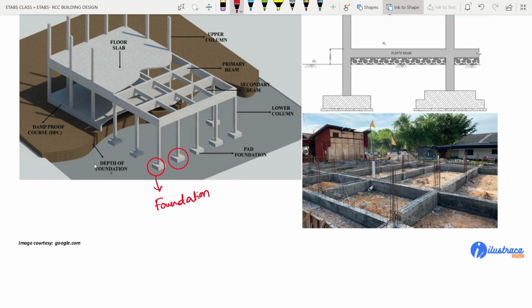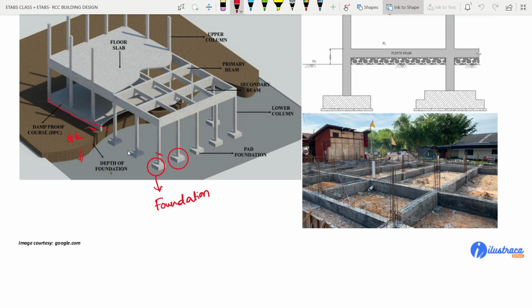You can see it is a given depth of foundation. This is the ground level, and below the ground level we will do excavation and provide this foundation. After completing the foundation construction, we will come up to this ground level with these columns, and here we will create a beam connecting all the columns.